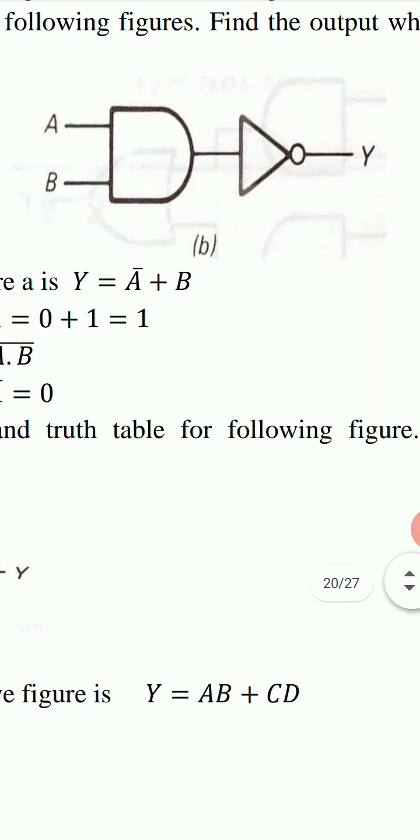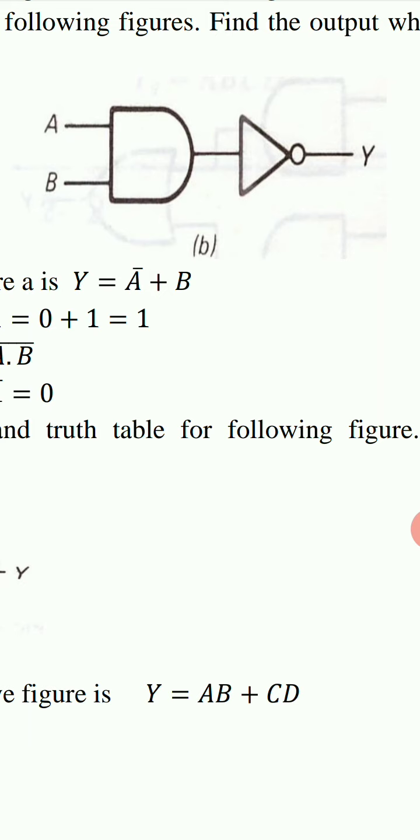What is the output of this second logic circuit? Here there are two gates. The first one is an AND gate and the second is a NOT gate. There are two inputs A and B, and the output of the first AND gate will give A dot B. Then this is the input for this NOT gate.